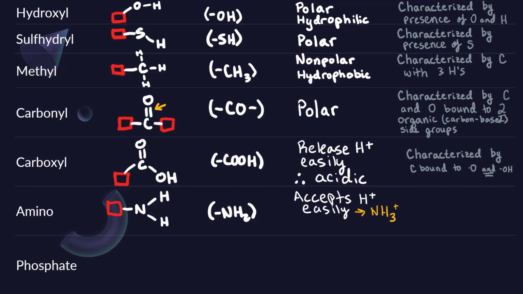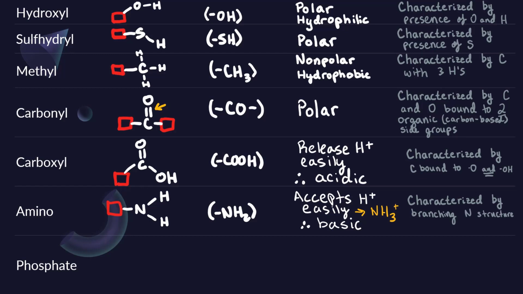Since amino groups can remove hydrogen ions from a solution and accept those hydrogen ions or protons from that solution, they are considered basic, right? They can lower the acidity of a solution because they can take protons from that solution and suck them up. Make sense? Amino groups are characterized by the presence of a nitrogen branched structure.